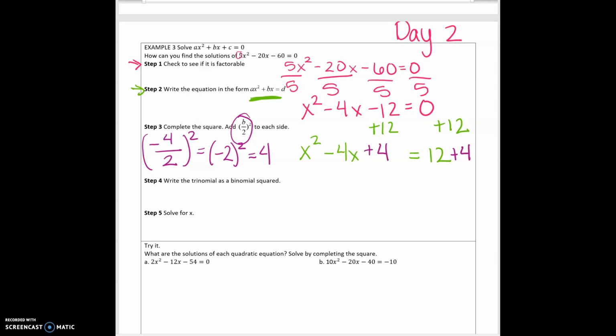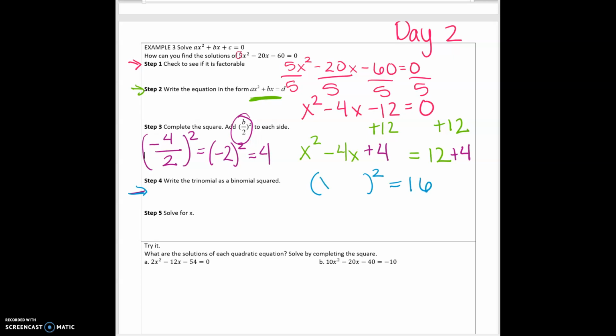And again, remember, we add it to both sides because it is an equation and we want it to be equal. So whatever we do on one side, we have to do to the other side. And then after that, we're going to go ahead and factor it. So this squared equals 12 plus 4, 16.